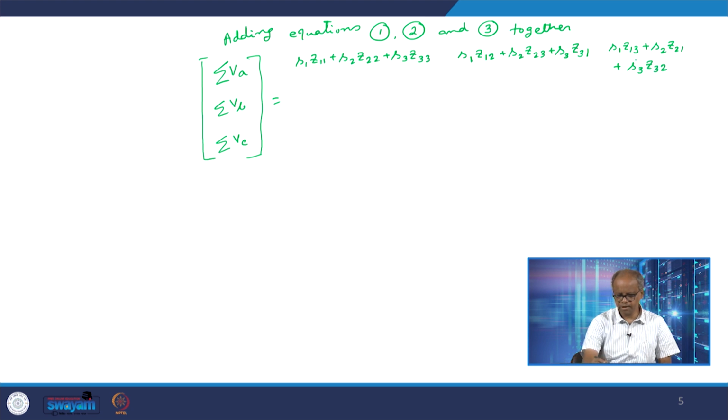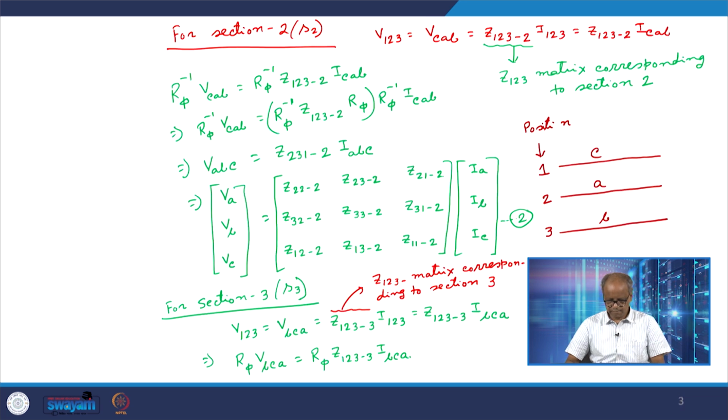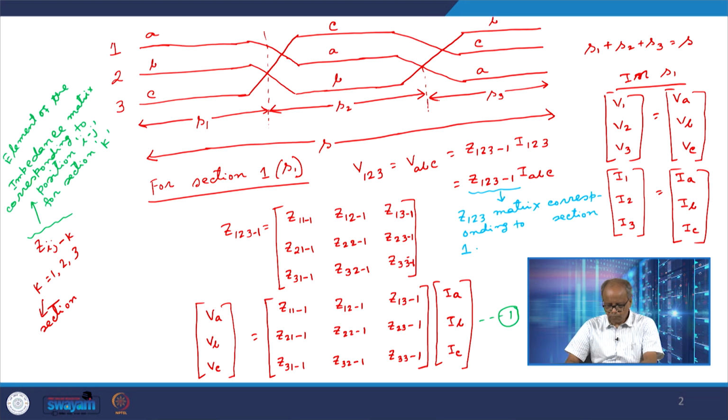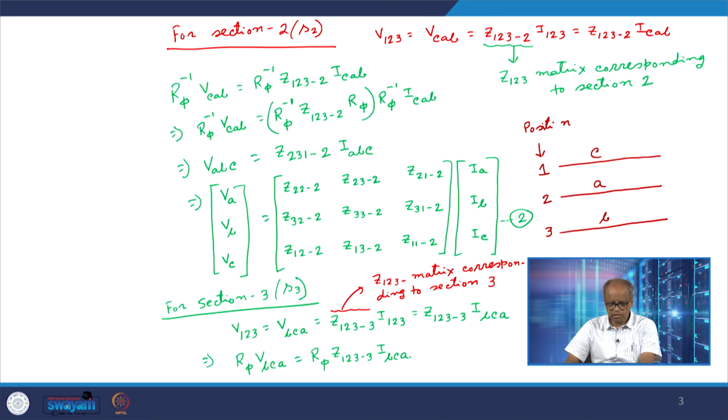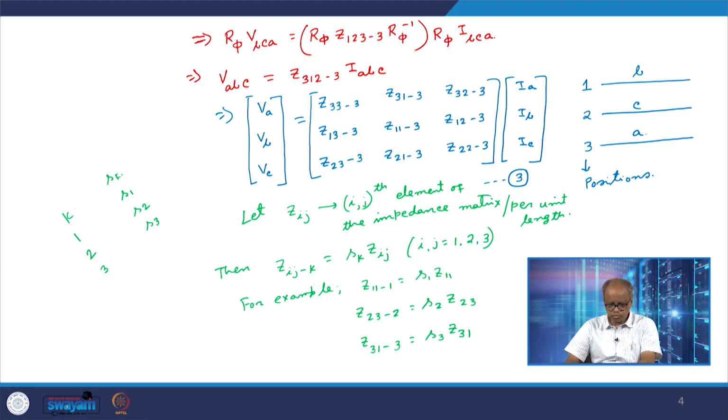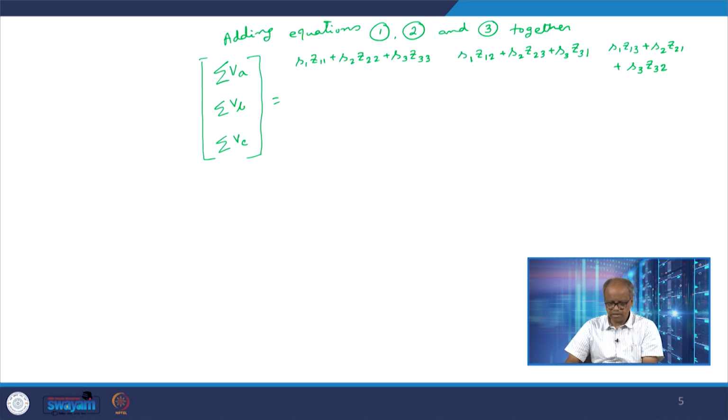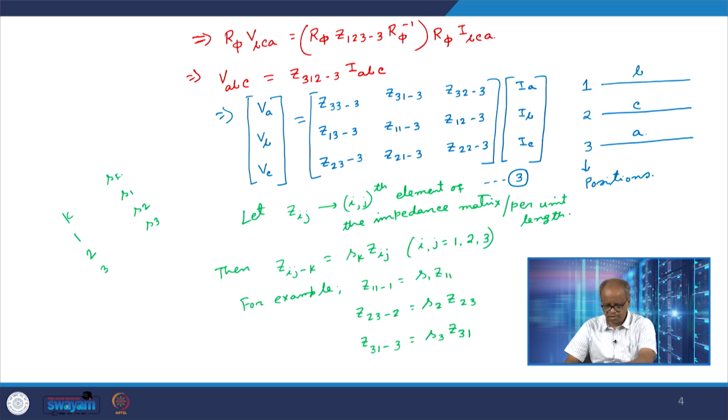How are we getting it? For the first one, it will be Z111 plus Z222 plus Z333, which is nothing but S1 into Z11 plus S2 into Z22 plus S3 into Z33.